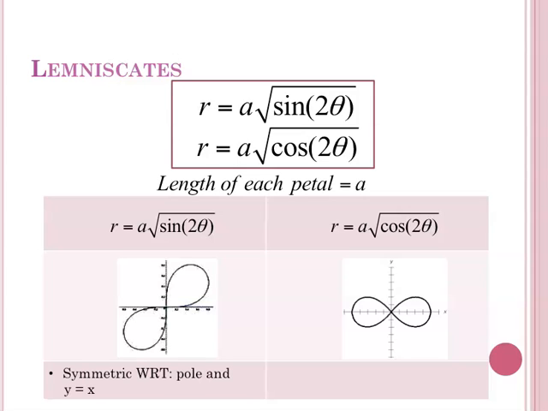For the sine version of the lemniscate, this has symmetry with respect to the pole and to the line y equals x. And the cosine version has symmetry with respect to the x-axis, the y-axis, and the pole.